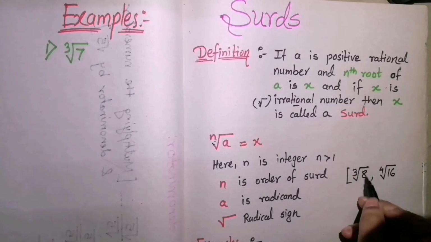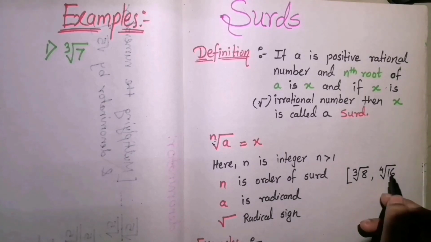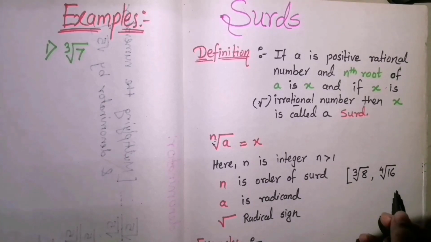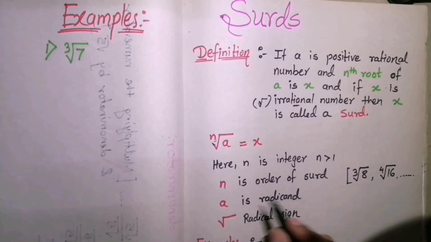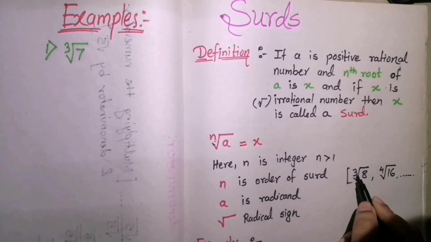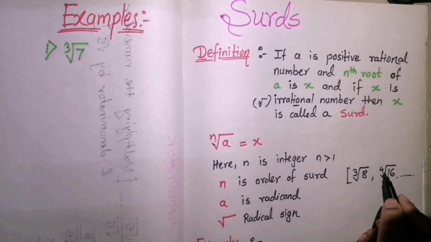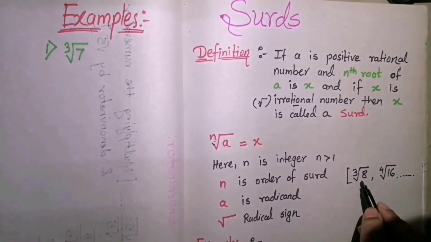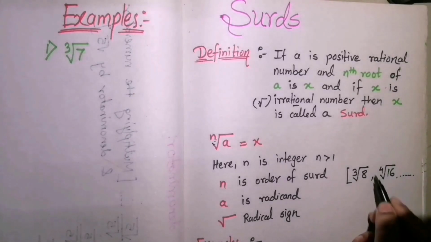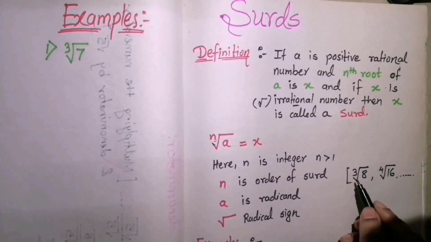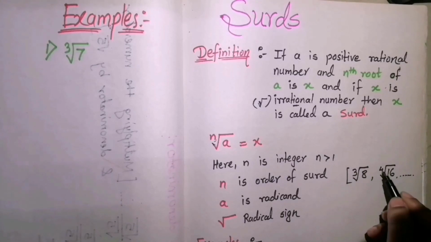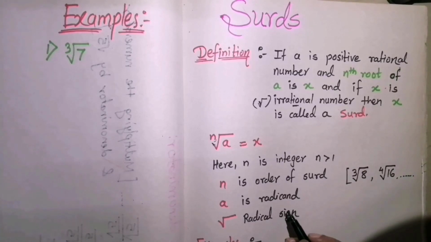It's the cube root of 8, the fourth root of 16, the fifth root of 25, as many as we consider. Now n is what? This is 3. N is this 4. So this is the order of these surds. Clear students? So 3 is the order of this surd, 4 is the order of this surd. Clear? Now the next one.